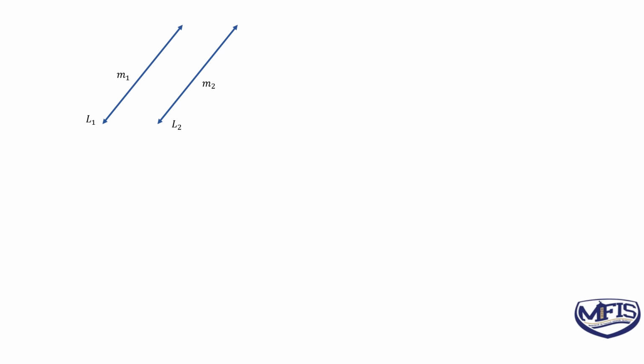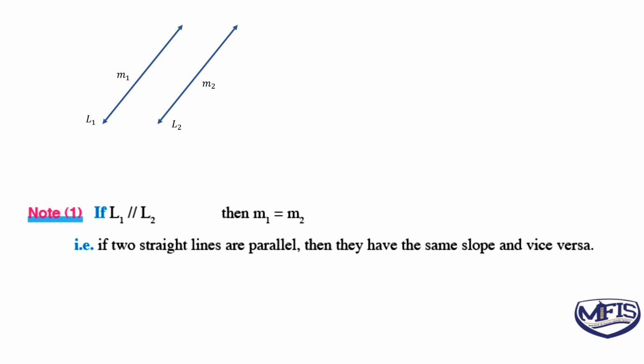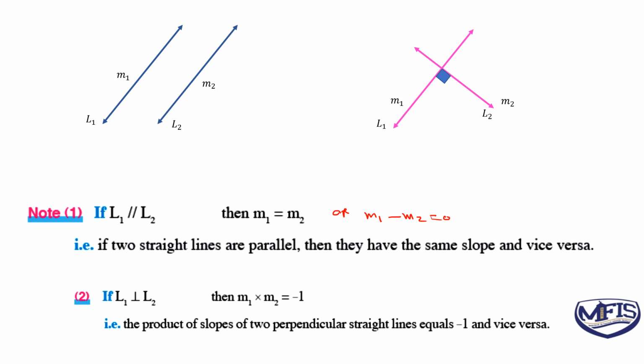And we have relations between the slopes of two straight lines. If L1 and L2 are parallel, then m1 equals m2, or m1 minus m2 equals 0. If two straight lines are parallel, then they have the same slope, and vice versa. If two straight lines are perpendicular, then m1 multiplied by m2 equals -1.